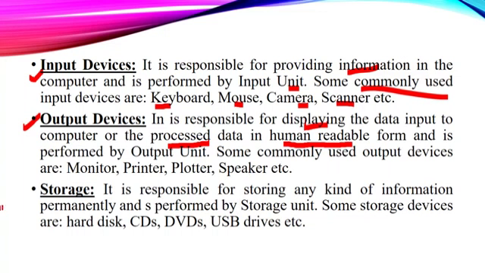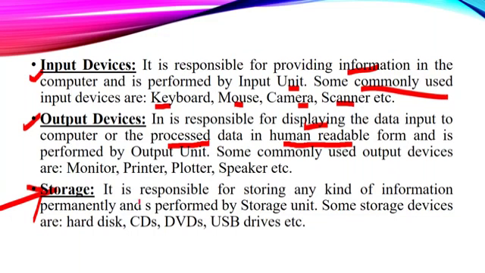Then next we have storage. Storage is one of the most important units of our computer system. Whenever we generate any kind of result, or take any kind of input, that input or result has to be stored in our computer so that we can use it in future.